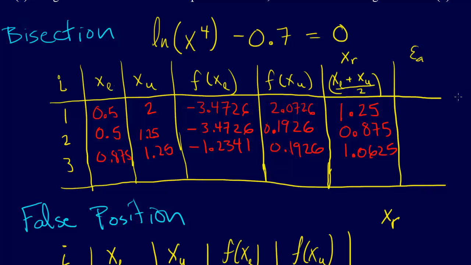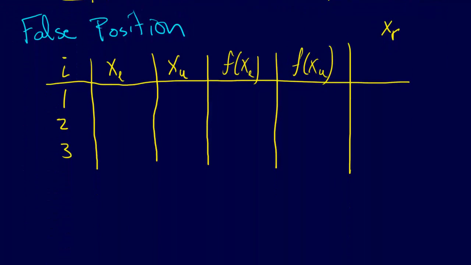And of course, that was just graphically, as I explained, just taking the halfway point between the x's. Okay, so the false position method, this one is the one where we have the function and we evaluate it at one point, and again we have to be crossing the 0 line.